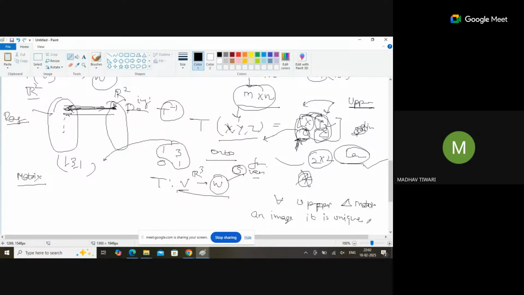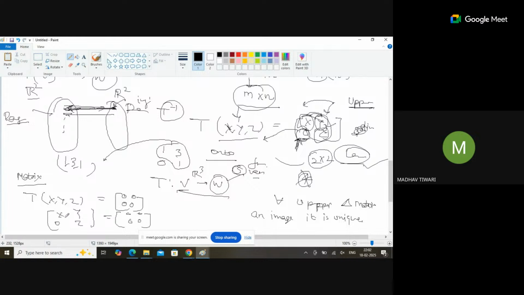No two can have the same image. You can check this: suppose I give you the transformation of x comma y comma z equal to the zero matrix, 0 0 0 0. So what is the transformation of this? It is x y z 0 equal to 0 0 0 0.